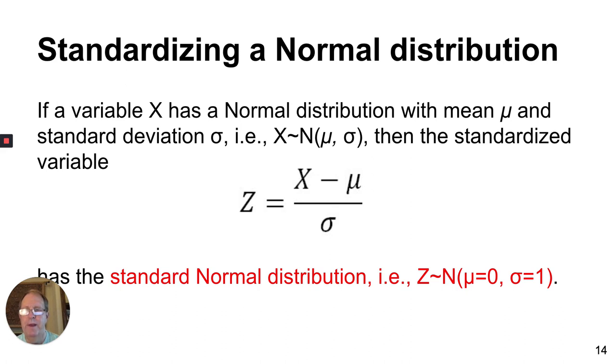And we say that z follows a standard normal distribution. If I take every observation in a normal distribution and standardize it, I am left with the standard normal distribution. That is, z is distributed normally with a mean of 0 and a standard deviation of 1.